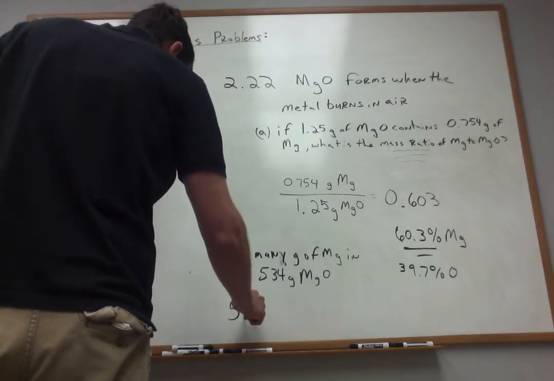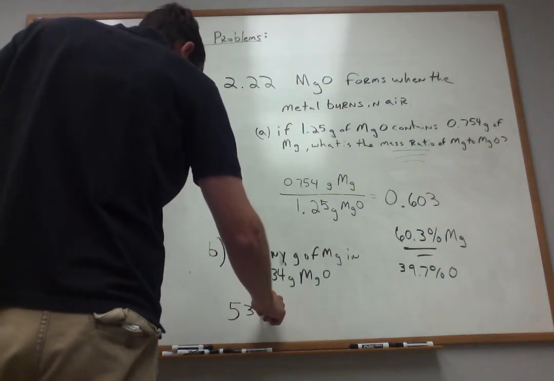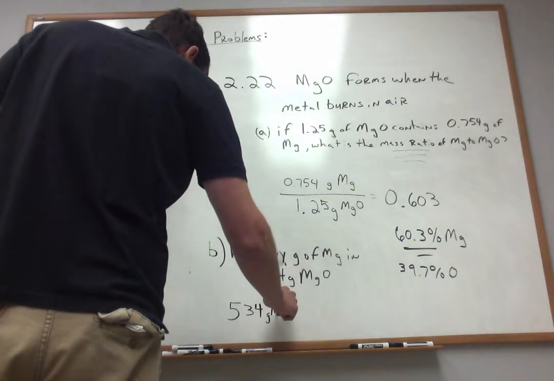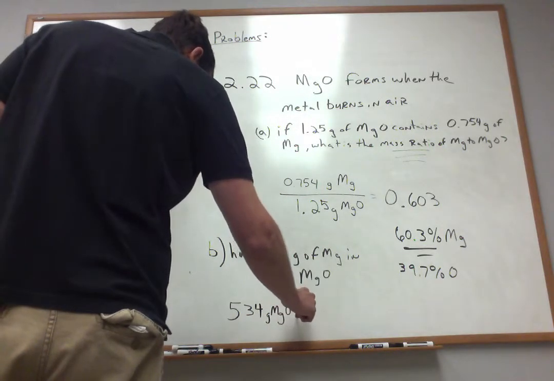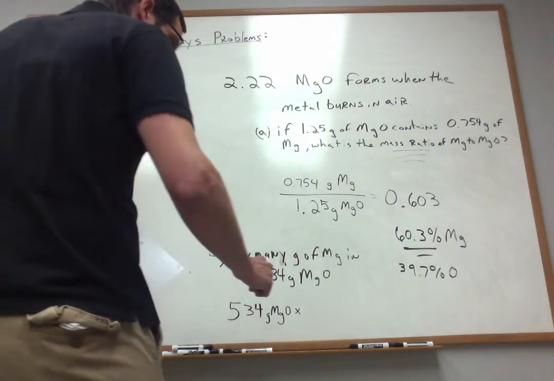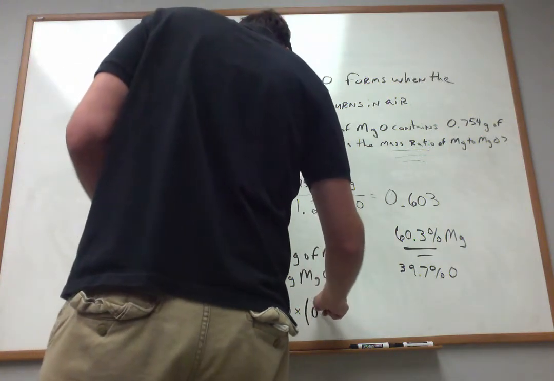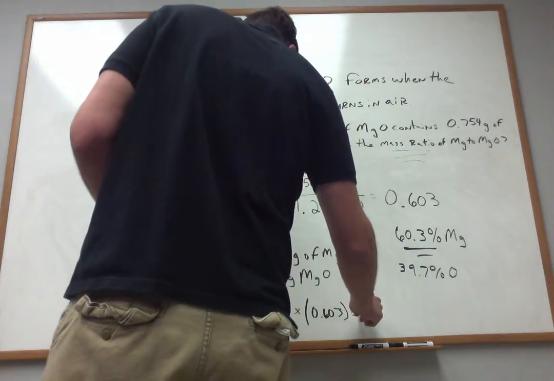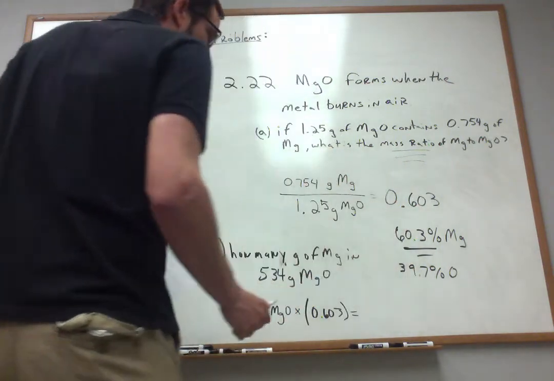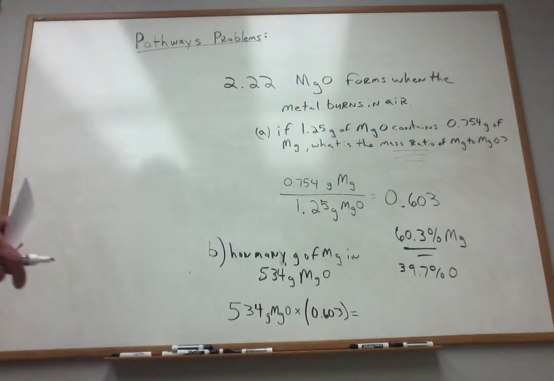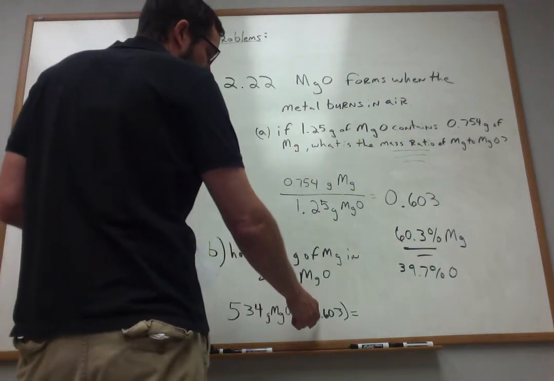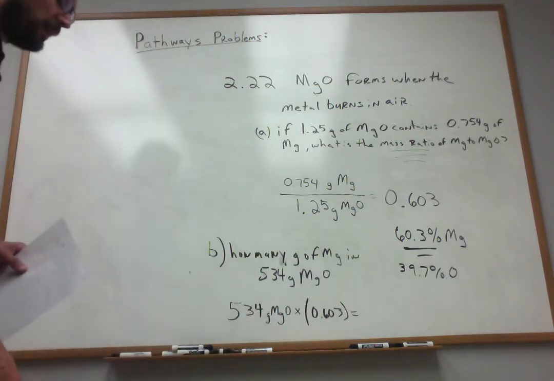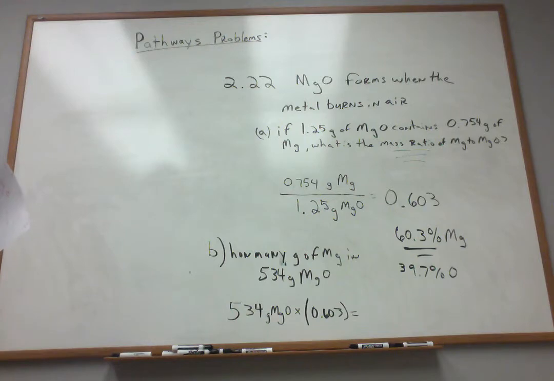And we can do that by taking the total mass of the MgO and multiplying by 0.603, which, remember, was our mass fraction of magnesium. So this is 0.6 grams of magnesium per gram of MgO, so the units cancel out, okay?